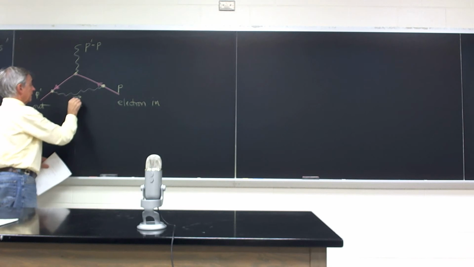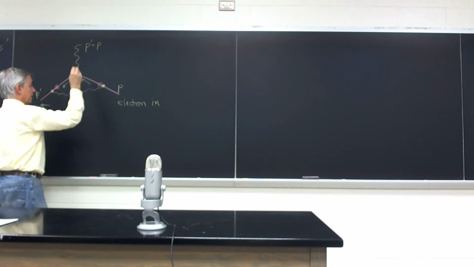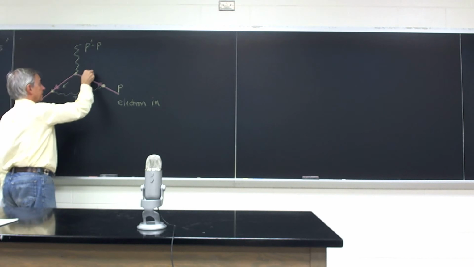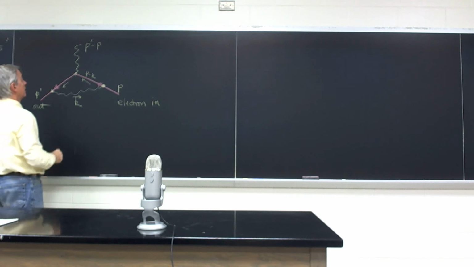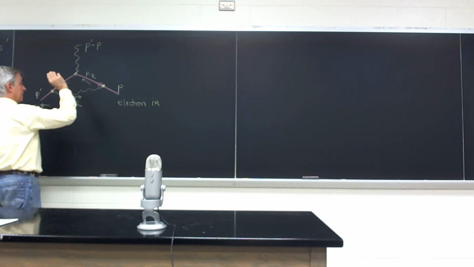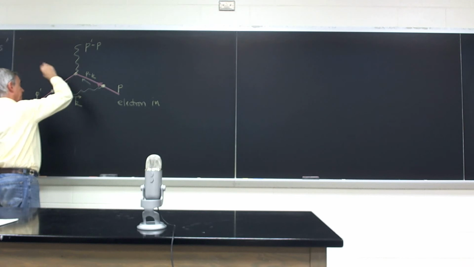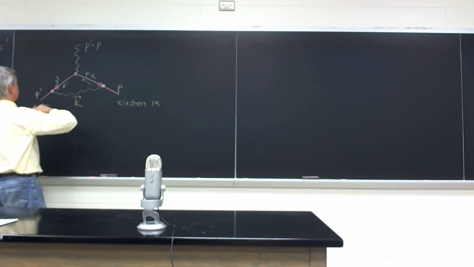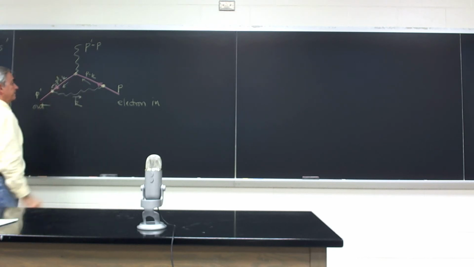And that is a P minus K momentum flowing this way. And then there's a P prime plus K flowing this way.